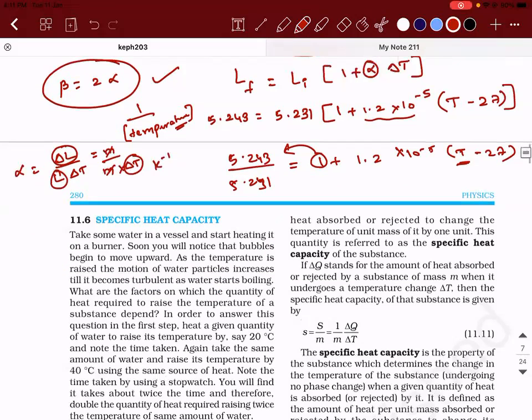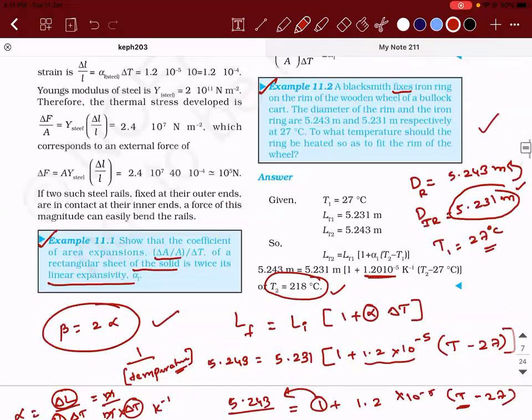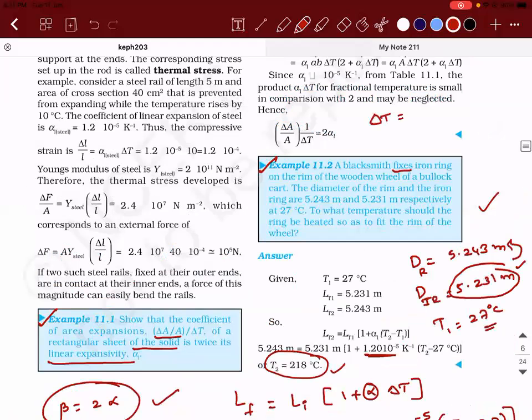See, if I give you two temperatures, I'm talking about delta T, not about T. Delta T is T2 minus T1, correct? So if I give you 27 degrees Celsius and 40 degrees Celsius, what is the difference between these two? 13 degrees Celsius.